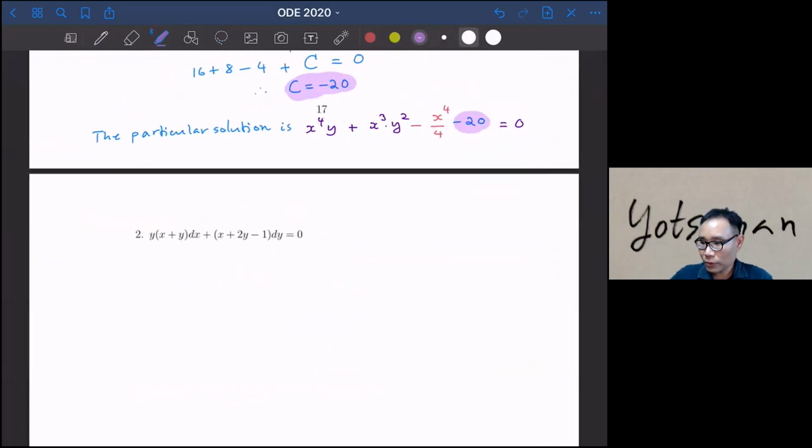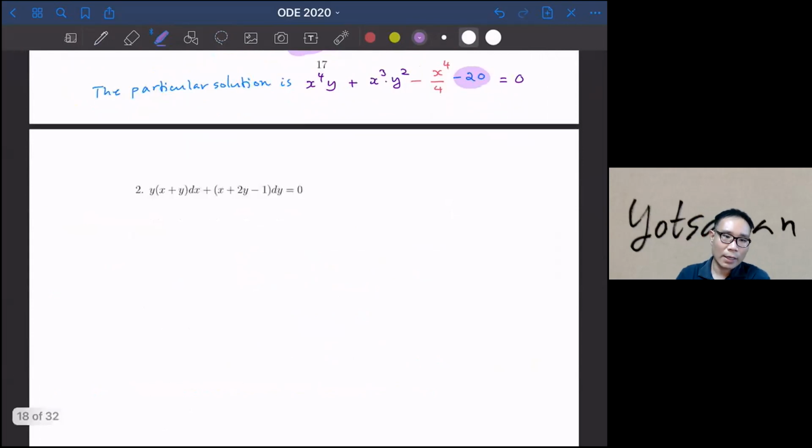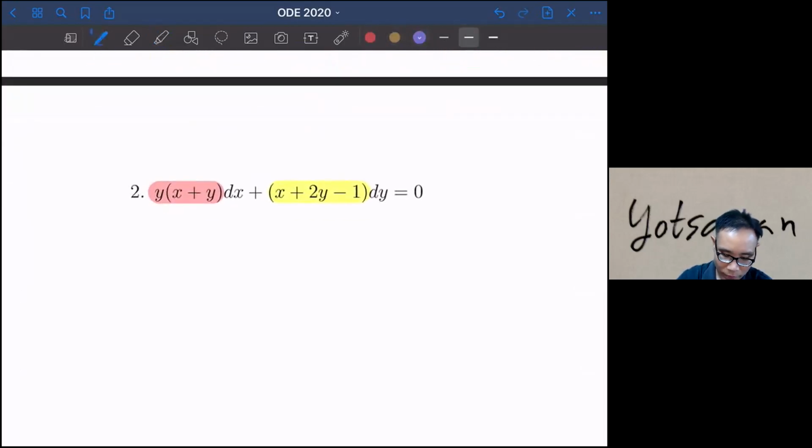For number 2, you're gonna have y times (x plus y) plus (x plus 2y minus 1) dy. So for this one, again, you're gonna have M and N. Let's multiply this one to ease the calculation.